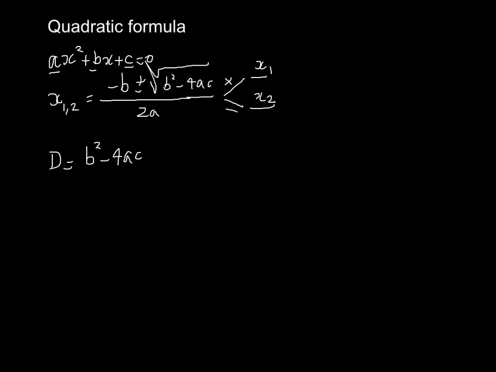If b squared minus 4ac, or simply d, is greater than 0, then under the square root is positive, so we can have two real roots. So this gives us two real roots.